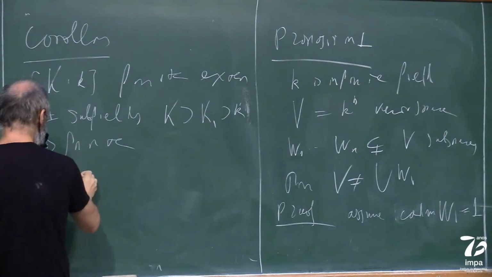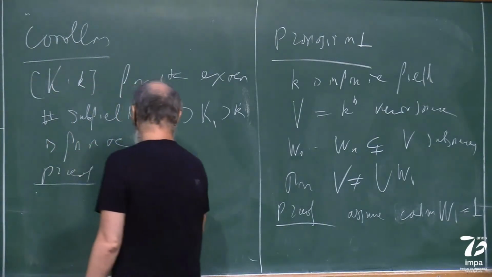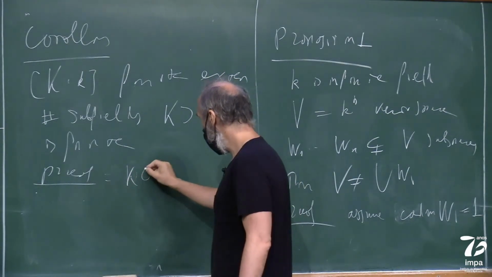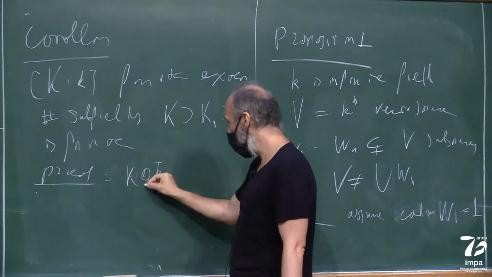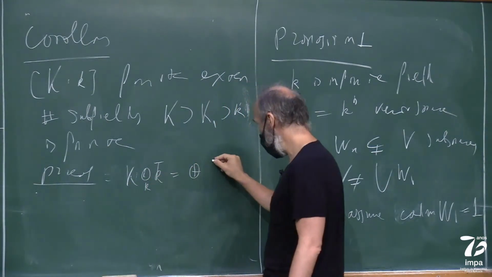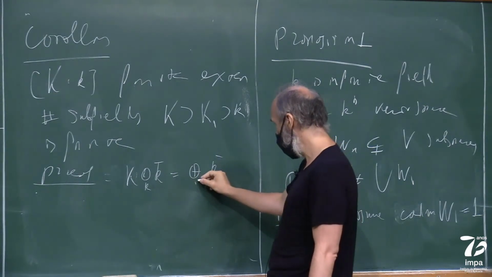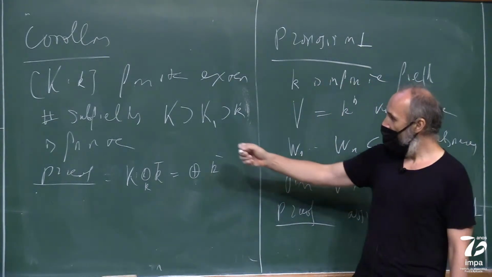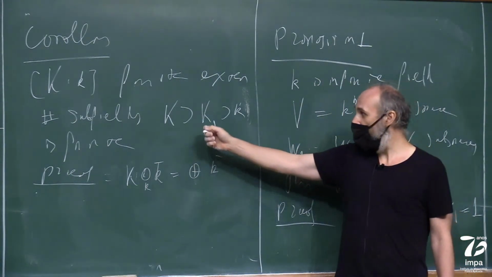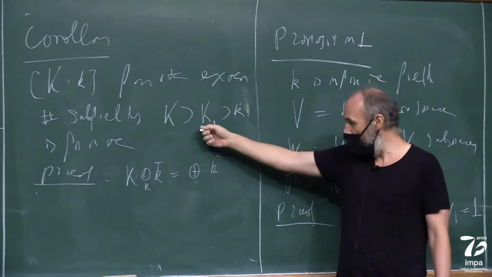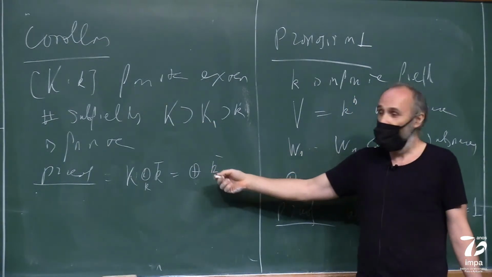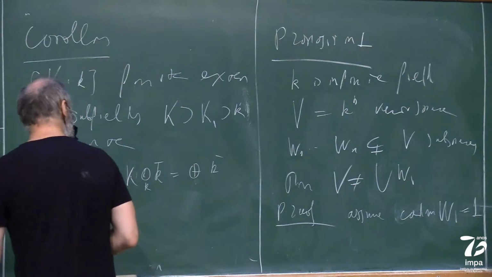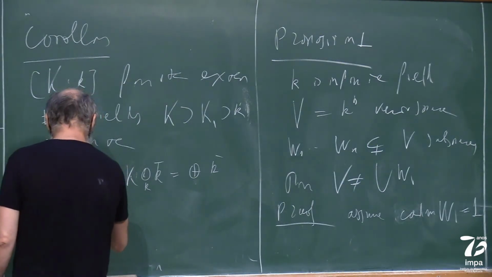And proof: you just take the tensor product of this K with K bar over K small, which is a direct sum of several copies of K bar, where K bar is the algebraic closure. And every subfield gives you a subring here. Different subfields give you different subrings, but there are finitely many subrings in that algebra. Finitely many.